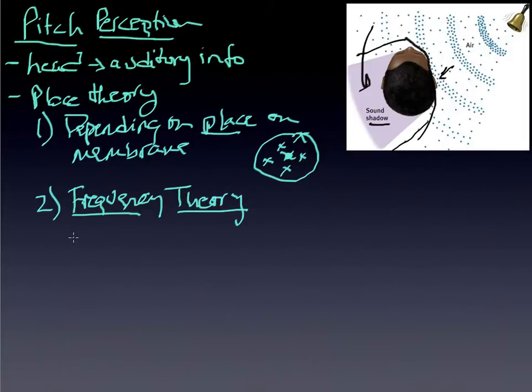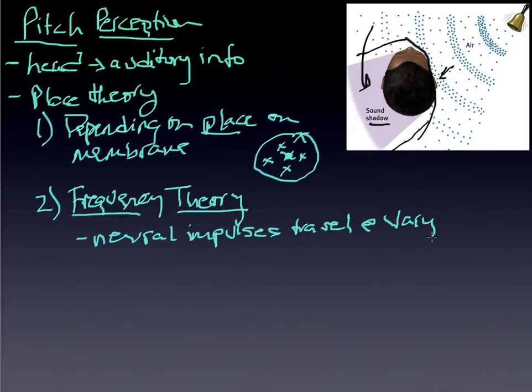So the neural impulse travels at different rates, and based on that rate or frequency, we determine the actual pitch, at varying rates, and that's what leads us to determine pitch.